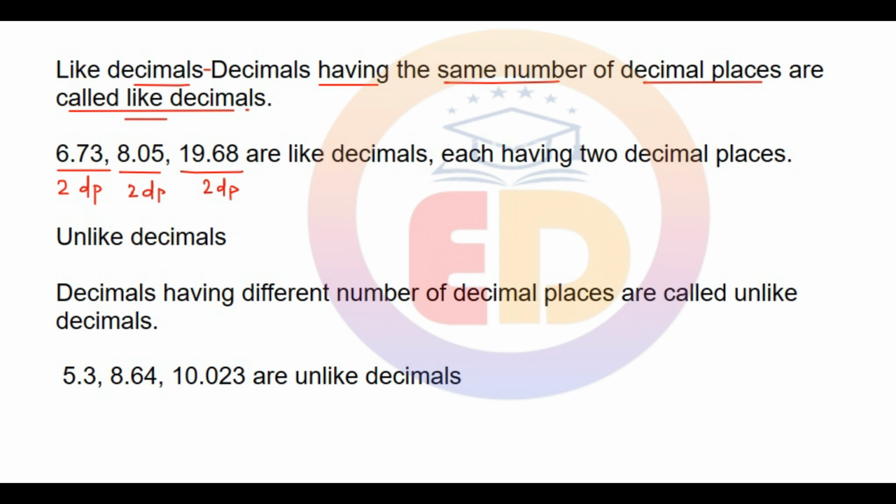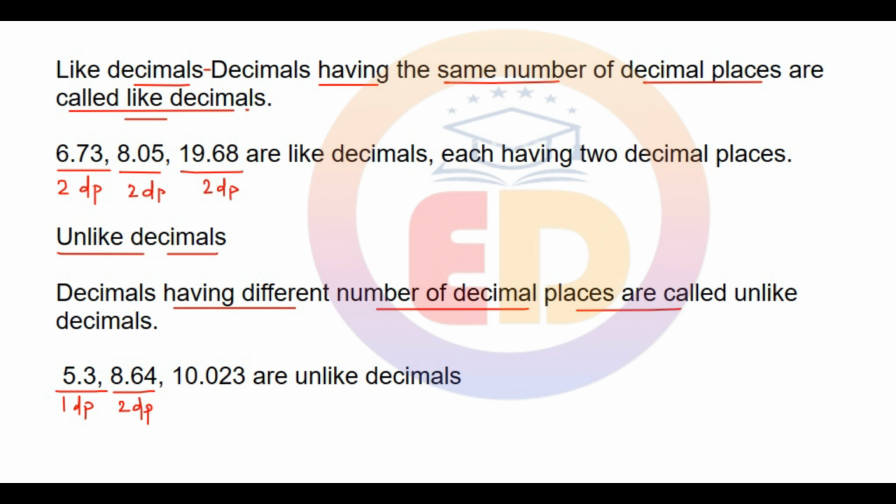Now, unlike decimals. Unlike decimals means decimals having different numbers of decimal places. For example, the first number here, 5.3, has 1 decimal place. The second decimal number, 8.64, has 2 decimal places.